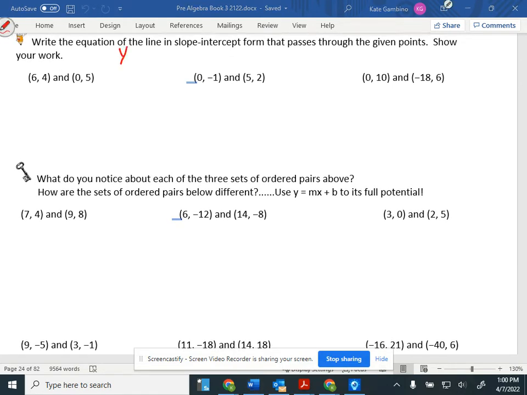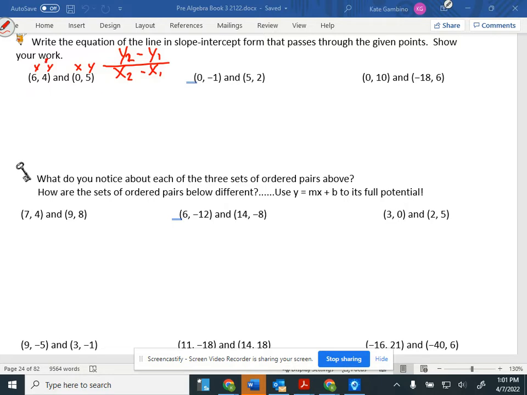Remember our formula, y2 minus y1 over x2 minus x1. So what do you think my first step is going to be? Sam? Subtract the 5 by the 4? So remember, x, y, x, y.